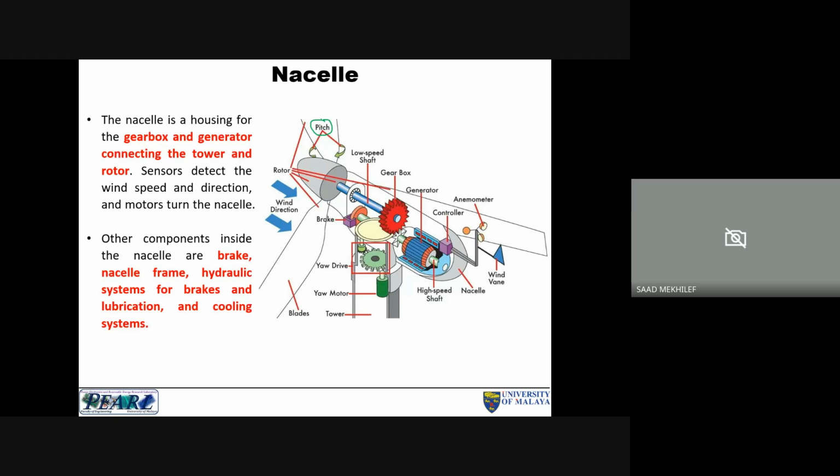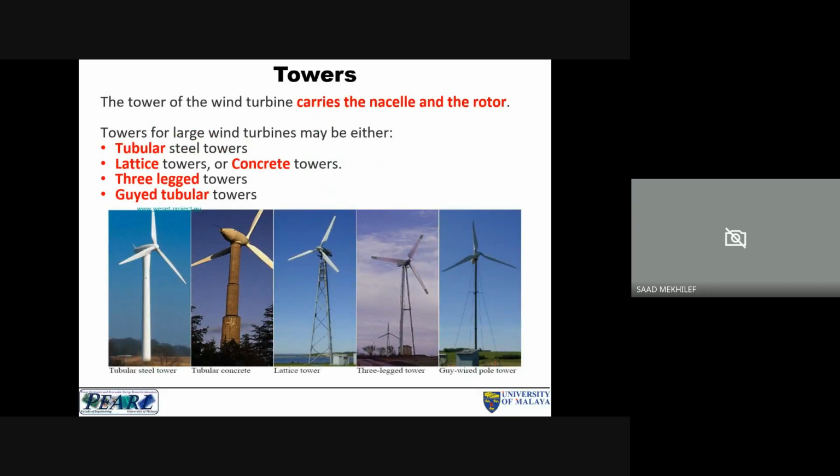If you have a very high wind that crosses the cut-out speed, remember that I told you, different wind turbines have different cut-out speeds, some 10, 15, 20, even 25 meters per second, then the pitch will be changed to reduce the interaction with the wind, so it doesn't rotate faster. And also, if you look here, the blades are very close to the tower.